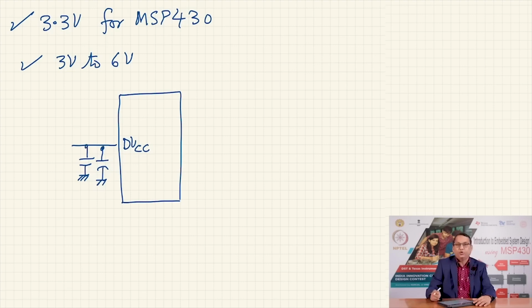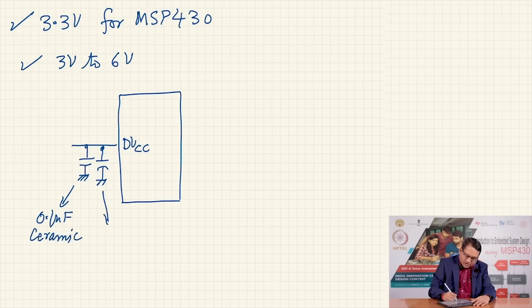The purpose is not to add the two capacitance values, which is what actually happens, but this is typically a 0.1 microfarad ceramic capacitor, and this could be a 10 microfarad electrolytic capacitor, and then this is your ground and this is your ground.